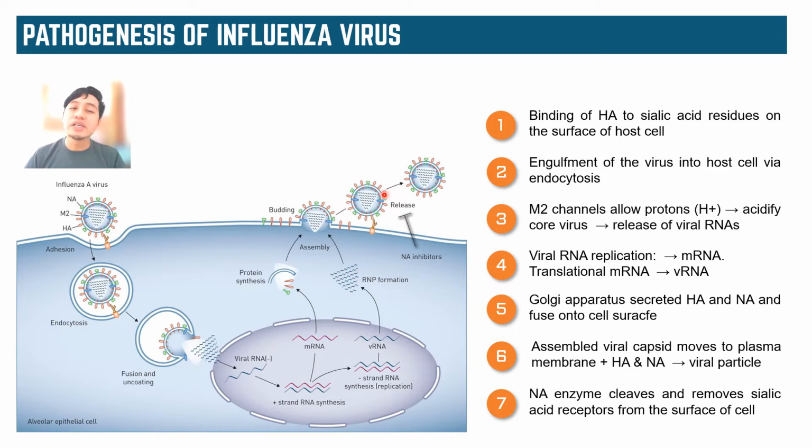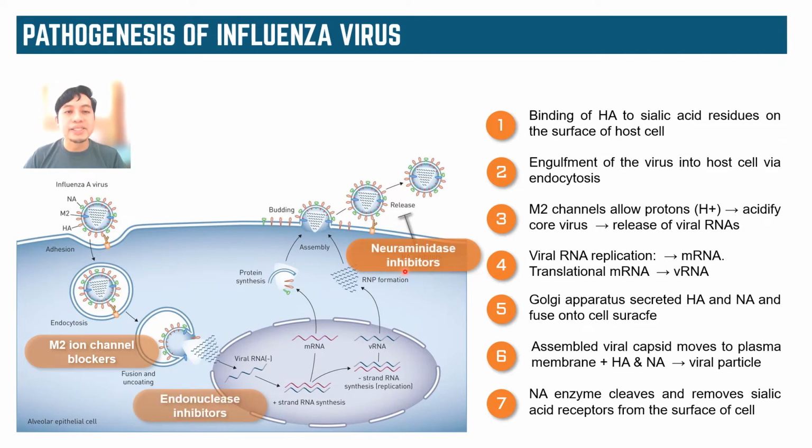There are three classes of approved drugs for influenza infections: the M2 proton ion channel blockers that block the proton influx into the cell to release the viral RNA, another one is the endonuclease inhibitors, and the neuraminidase inhibitors.